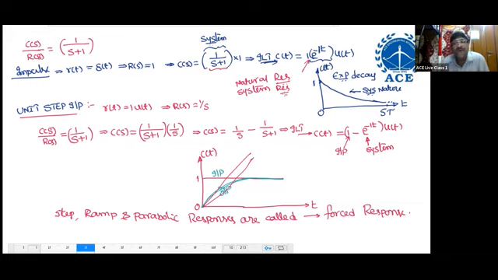If it gives a bounded value at t tends to infinity, it is called a stable system. If it is unbounded, it is called an unstable system. So this is about the impulse response.